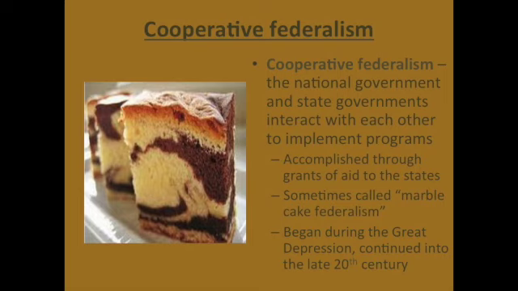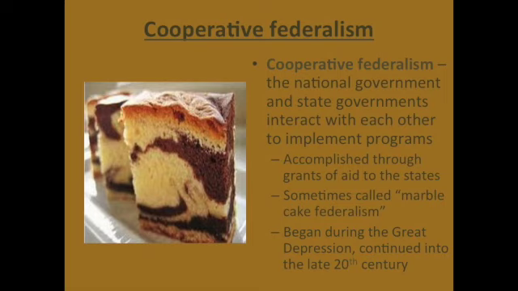Because during the Great Depression, really for the first time, the federal government began providing aid to the states and the people who live within them, as a result of horrible economic times, very high unemployment, and all of that. So this ushers in the age of what we call cooperative federalism, which is where the national government and state governments essentially are forced to interact with or cooperate with each other in order to implement various programs and policies.